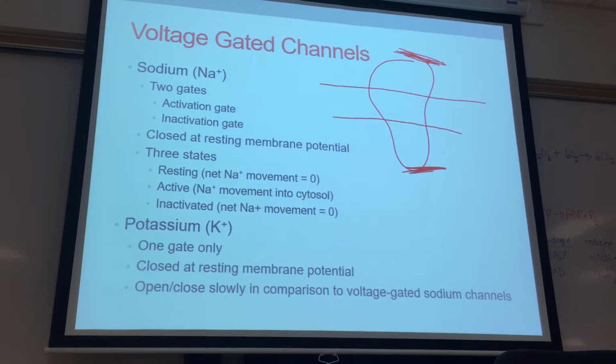And at rest, where we have a negative resting membrane potential, our voltage-gated channels are closed. They don't move. So that's our resting state. And at that resting state, our net movement of sodium through the voltage-gated sodium channels is 0, meaning no sodium moves through. When it's opened, we're going to have sodium moving through down its concentration gradient.